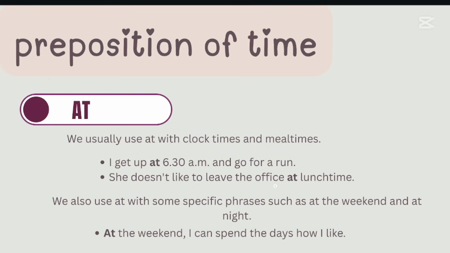It says here that we usually use it with clock times or meal times. For example, I get up at 6:30 a.m. and go for a run. So here we have our preposition at because it tells us exactly the time. It's 6:30 a.m.